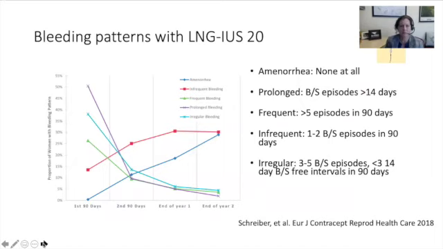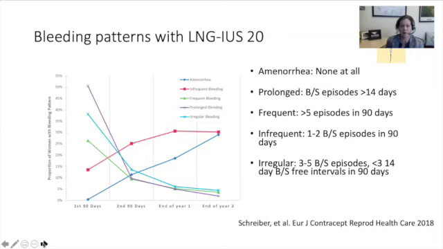And what about bleeding patterns? This is data from the phase 3 trial of the newer 52 milligram IUS and includes a more detailed picture of bleeding patterns over 2 years in about 1,700 participants, including infrequent bleeding in red, which is 1 to 2 bleeding or spotting episodes in 90 days.